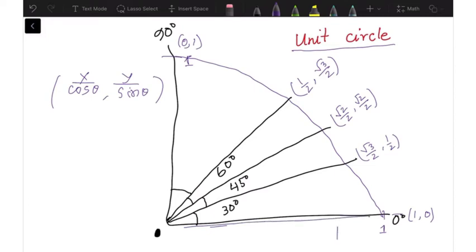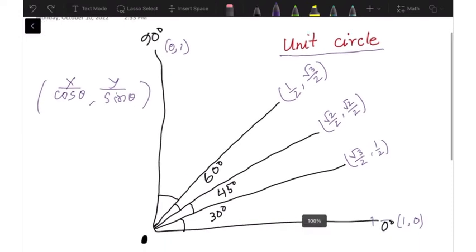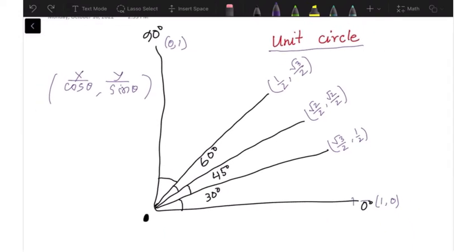So 1 and 0, this is the graph value. You can remember it that way as well for 90 degrees and 0 degrees. It's pretty cool. I thought I would love to share this idea with you guys. Let me do some examples now, so you guys have more practice.